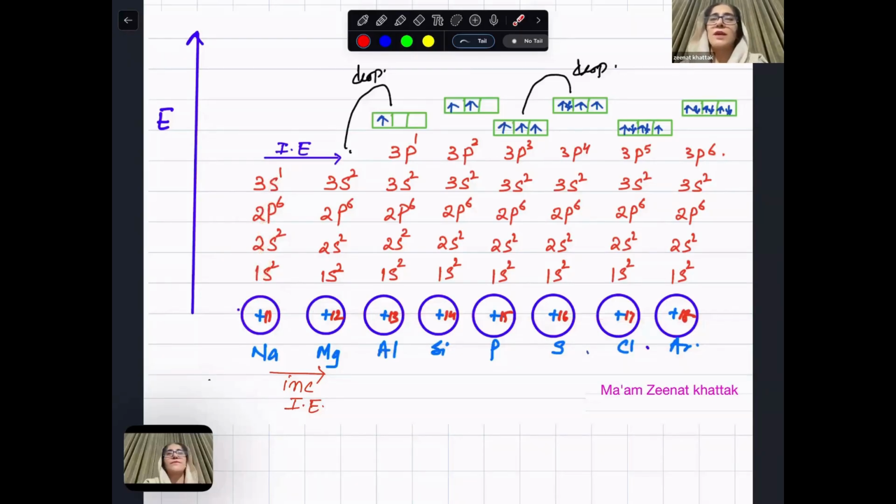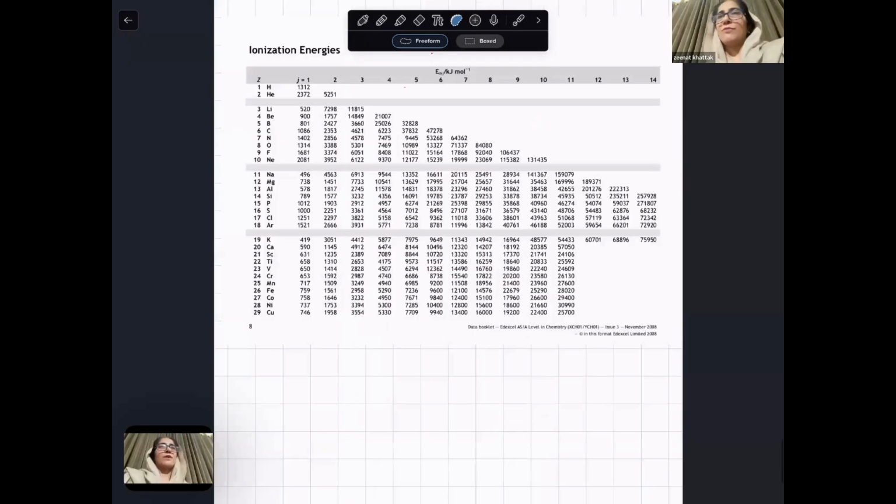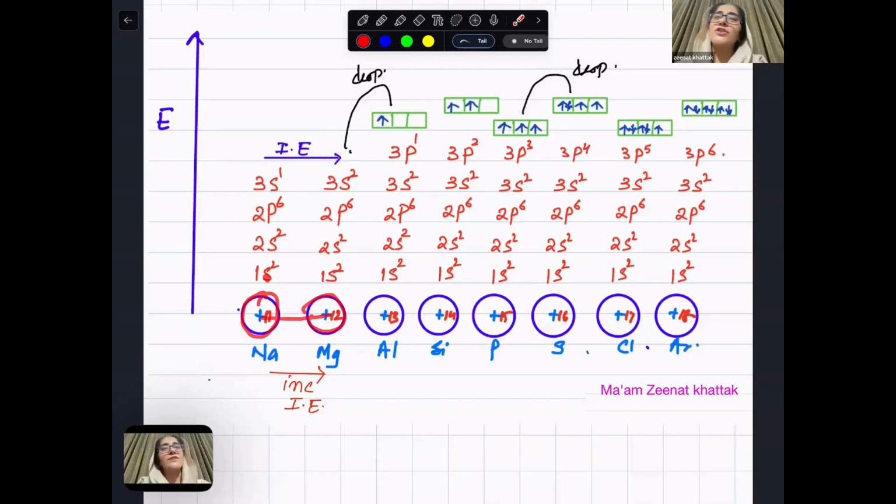Now tell me, is there any change in the subshell or shielding? No. Look, 1s2 2s2 2p6, 1s2 2s2 2p6. Any difference? No. The protons are more, the attraction is more, the ionization energy increases.